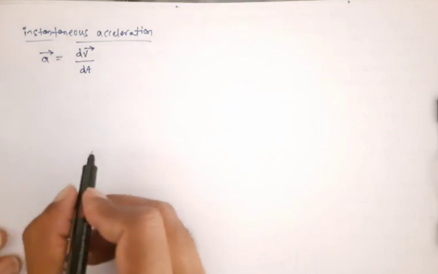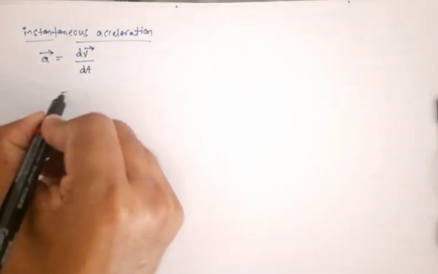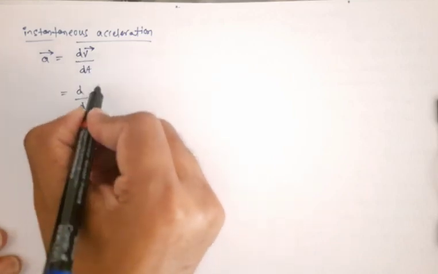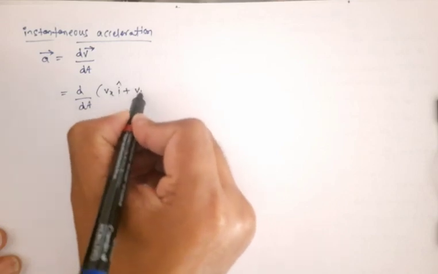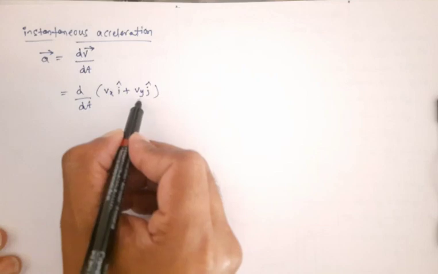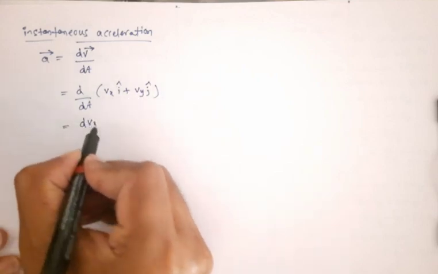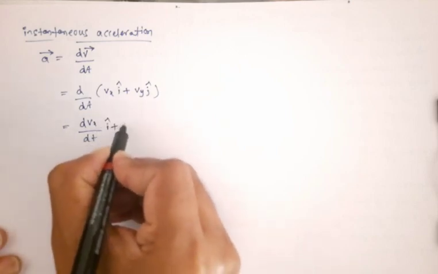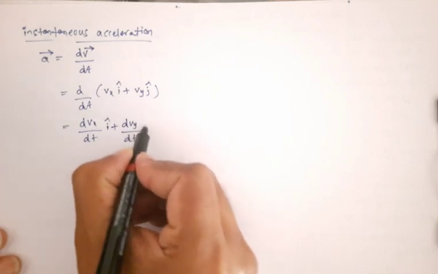If we differentiate velocity with respect to time, we will get instantaneous acceleration. Now this can be written as d by dt of instantaneous velocity. Just now we have written in component form, vx i cap plus vy j cap. This is instantaneous velocity in x direction, this is instantaneous velocity in y direction. Now what do we write? dvx by dt into i cap plus dvy by dt into j cap.